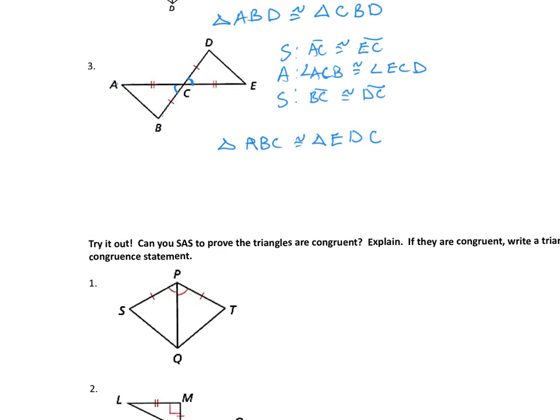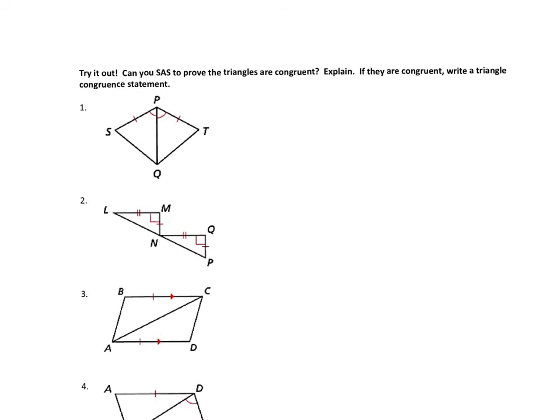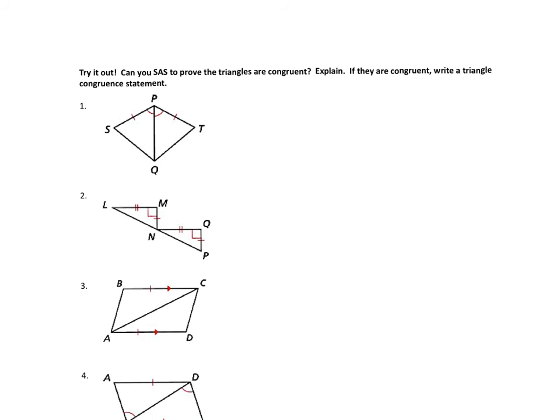Okay, let's go on to the last page. Can you use side, angle, side to prove the triangles are congruent? Explain if they are congruent. Write a triangle congruent statement. So we want to see if we can find a side, angle, side. Well, they're already giving us a side, so we know SP is congruent to TP.